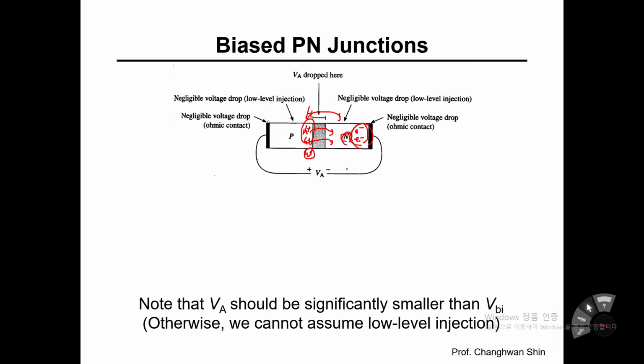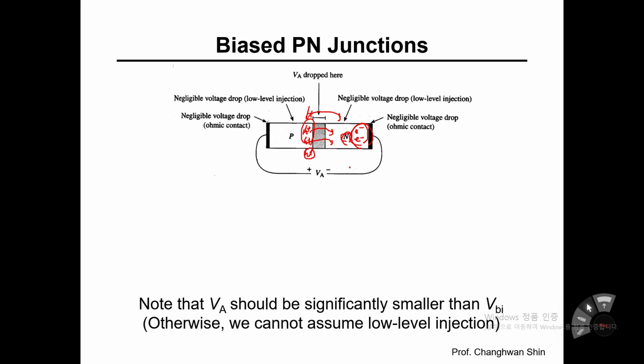Okay, so in the upcoming ideal diode analysis, basically we are going to assume low level injection instead of high level injection. That means once a forward bias, or simply speaking, the applied voltage V_A is applied across the PN diode, then you should always imagine that the majority carrier concentration either in the P side or N side would not be significantly affected by the carriers injected from the other side.